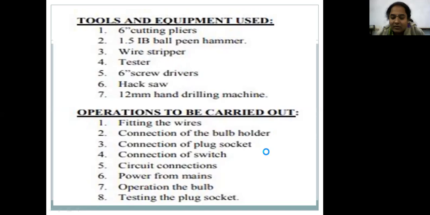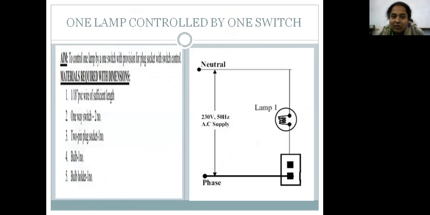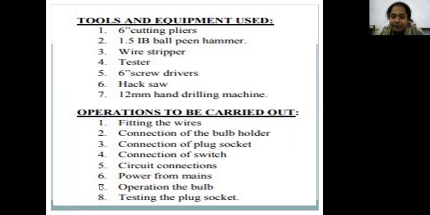Next, the materials required with these dimensions: 1 by 18 power PVC wire of sufficient length, one-way switch of two numbers, two knobs, two-pin plug socket, bulb holder.